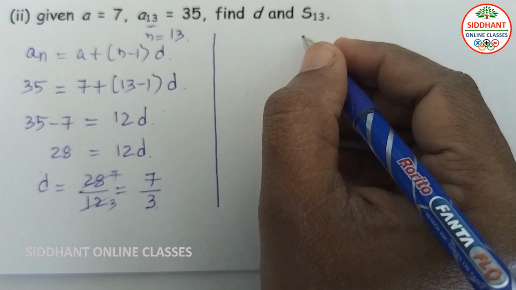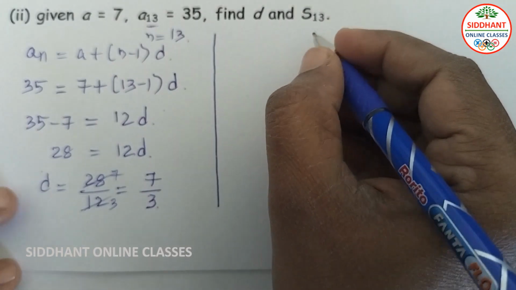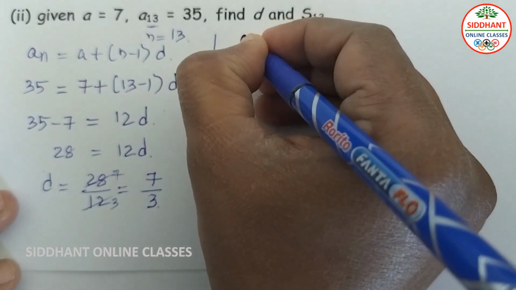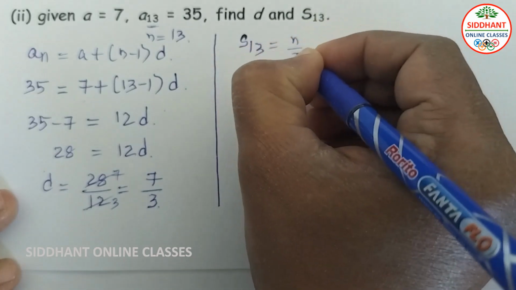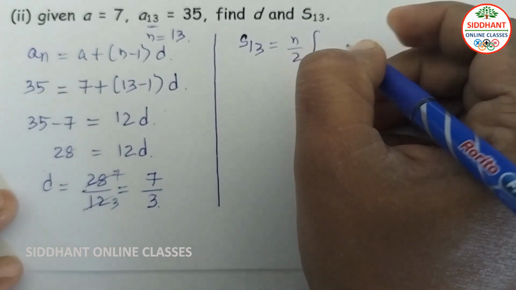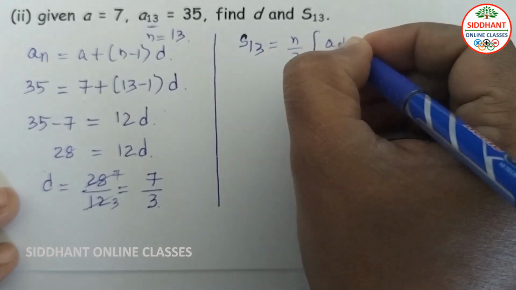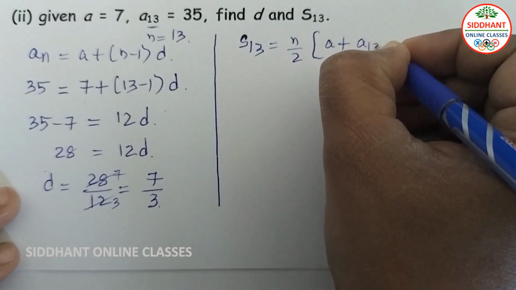Now we are going to find the sum s13. S13 equals n by 2 into a plus a13.